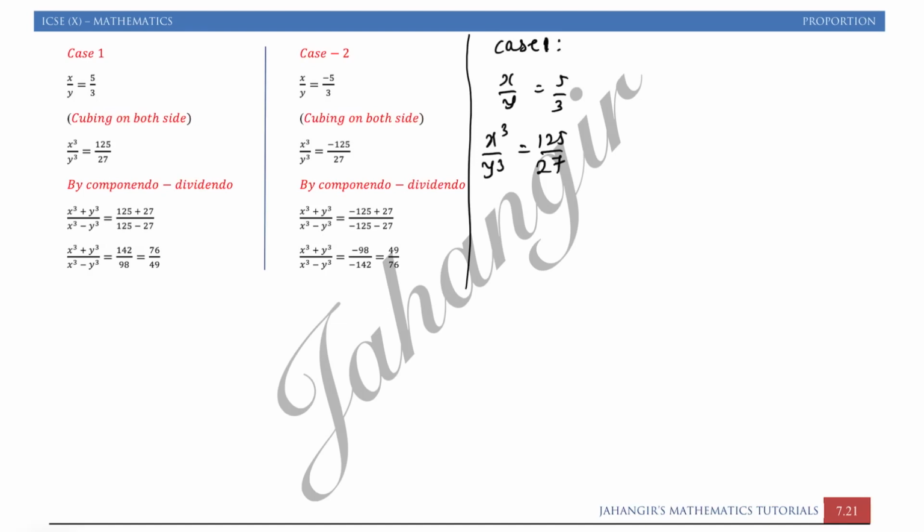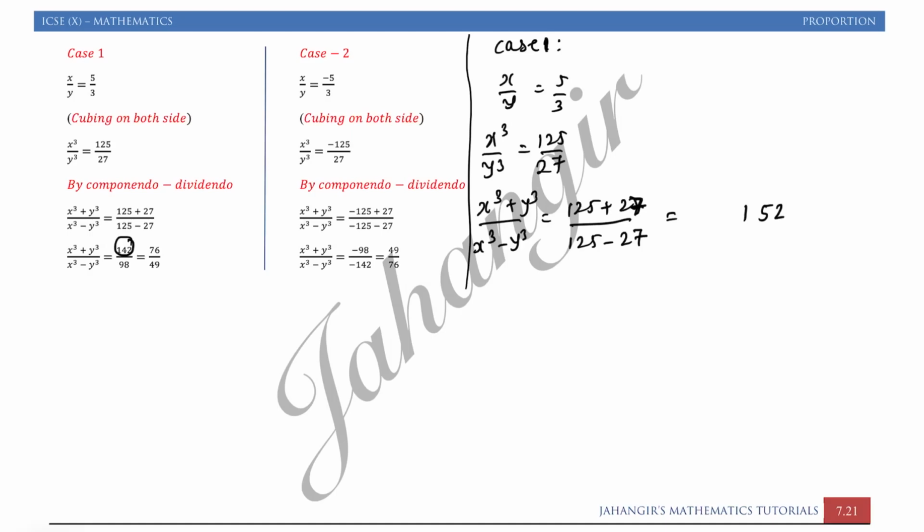So now we want x cube plus y cube. So by componendo dividendo, x cube plus y cube upon x cube minus y cube is equal to 125 plus 27 upon 125 minus 27. So 125 plus 27 is 152.